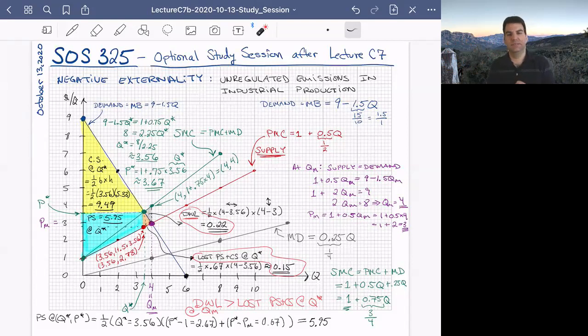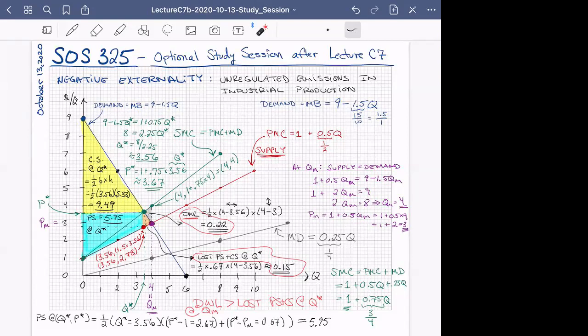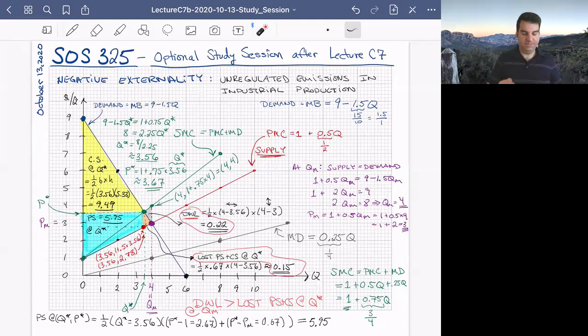Does that help? So essentially, if we were to add more, that lost PS plus CS will add into the deadweight loss, which will make matters worse. Well, I want to be clear that this is viewed as the lost surplus when operating at the lower amount.